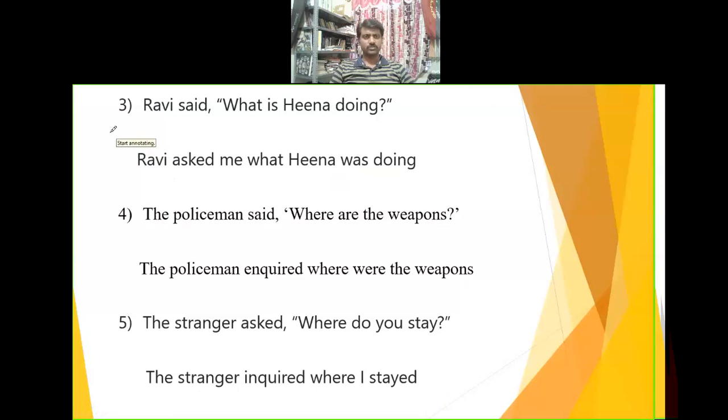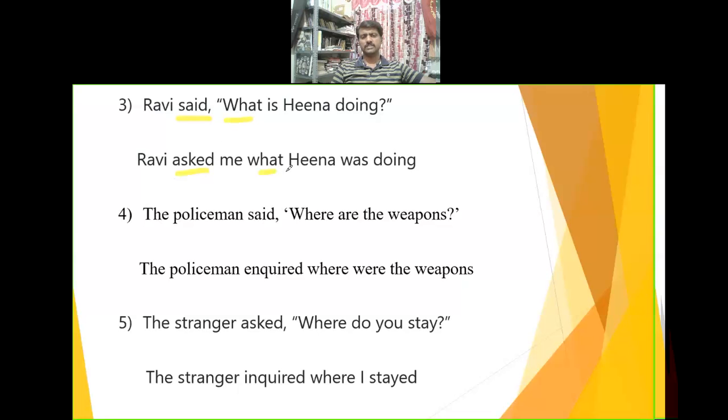Hope you are getting it, my dear students. Next example. Ravi said, "What is Hina doing?" So said becomes asked. One word missing: he asked me. Ravi asked me what.